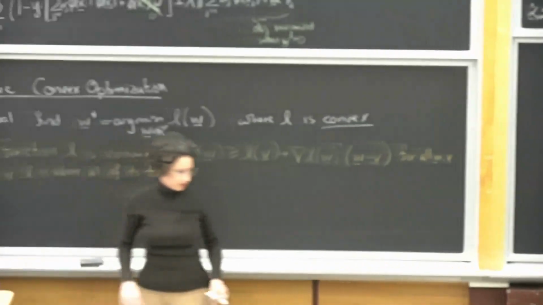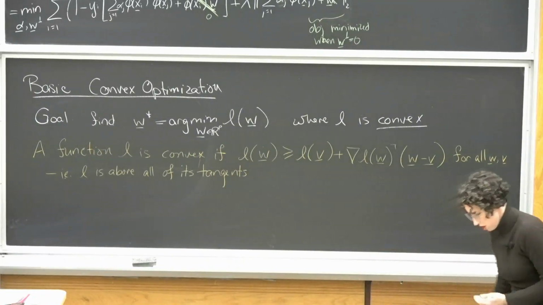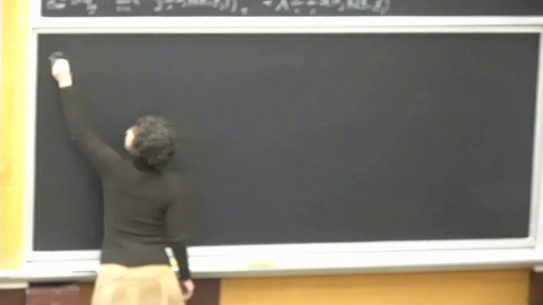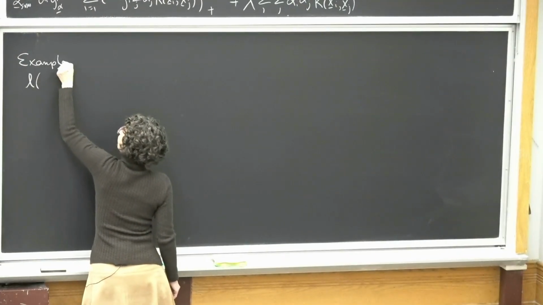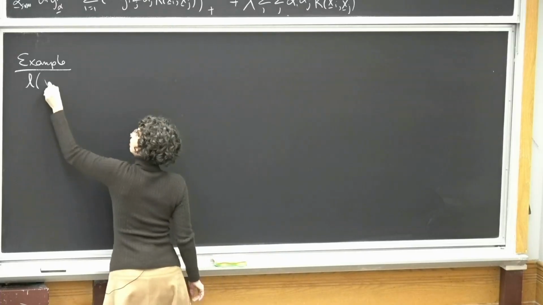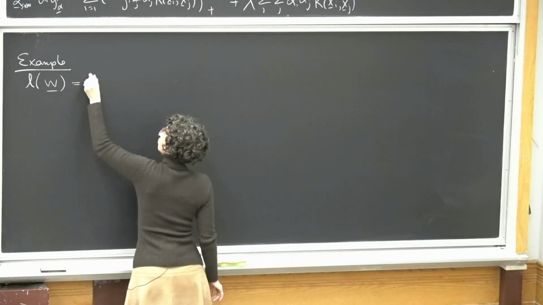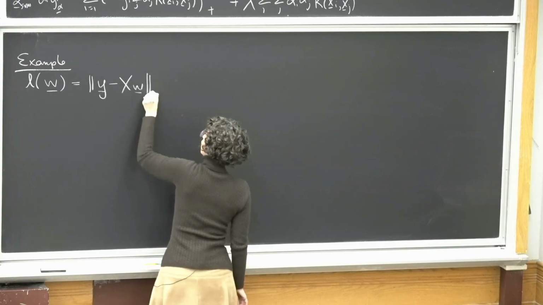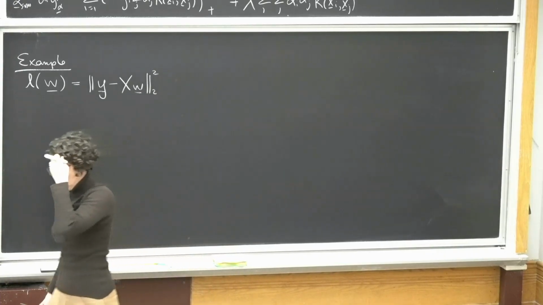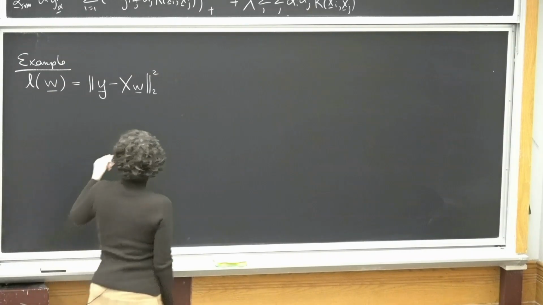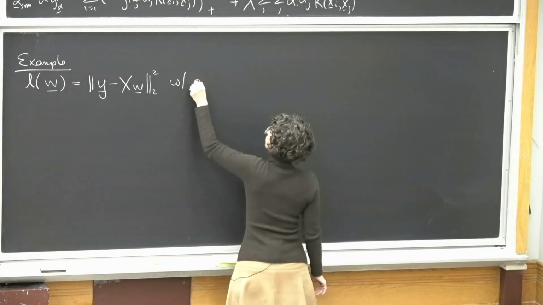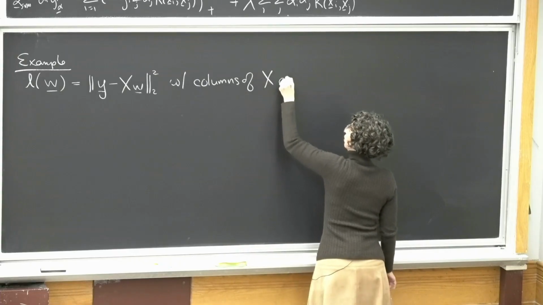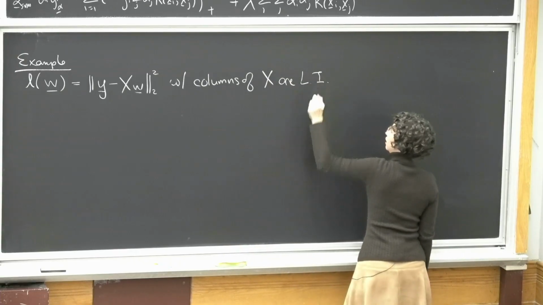No. All right. So let's consider the example where L of W is equal to y minus xw, which we've considered before, where the columns of x are linearly independent.